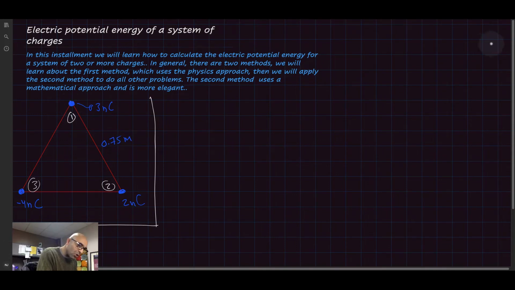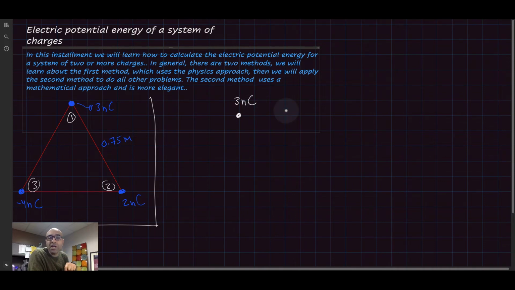I'm going to go to infinity all the way away and bring charge number 1 from infinity and set it here. And this is 3 nanocoulomb. Now to go to infinity and bring this charge in will require no work, because it was at infinity and I brought it somewhere that is similar to infinity electrical wise.